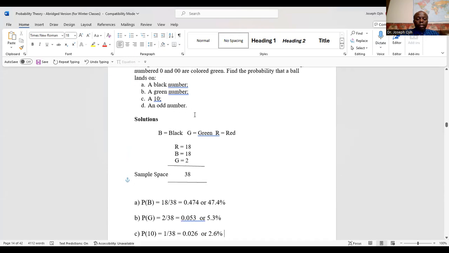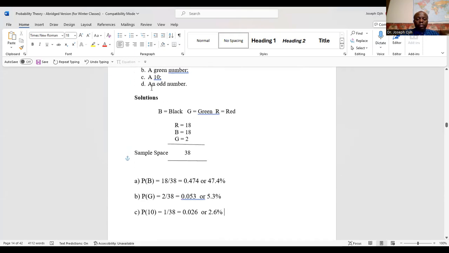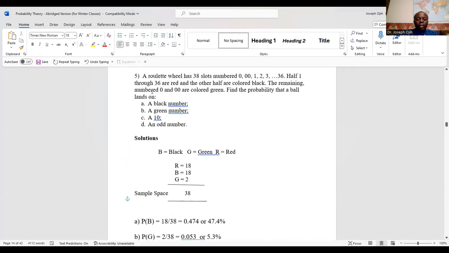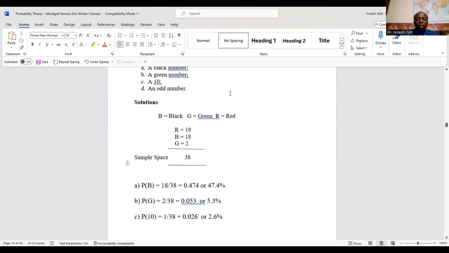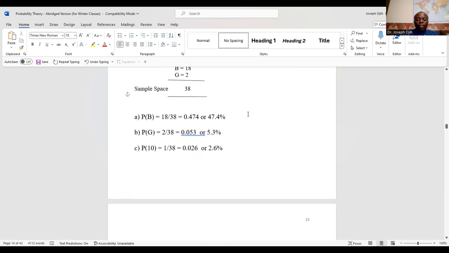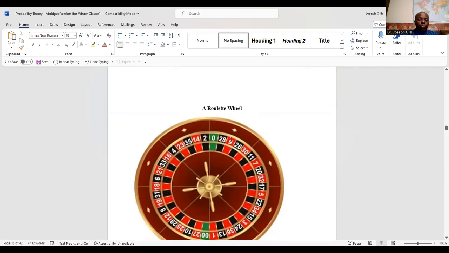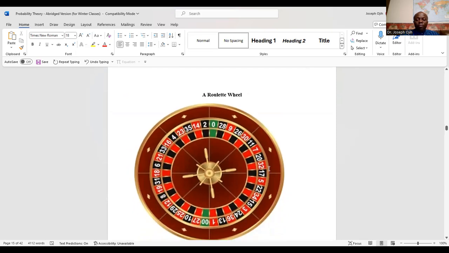The last question says to find the probability that it falls on an odd number. If you look at this, half of 1 through 36 are even, and the other half are odd. The 0 and 00 are not odd. They don't belong to odd numbers. So just 1 through 36, half of which is 18.